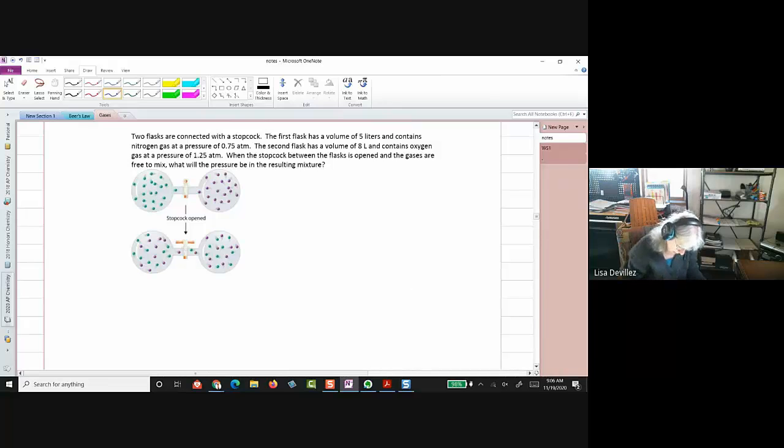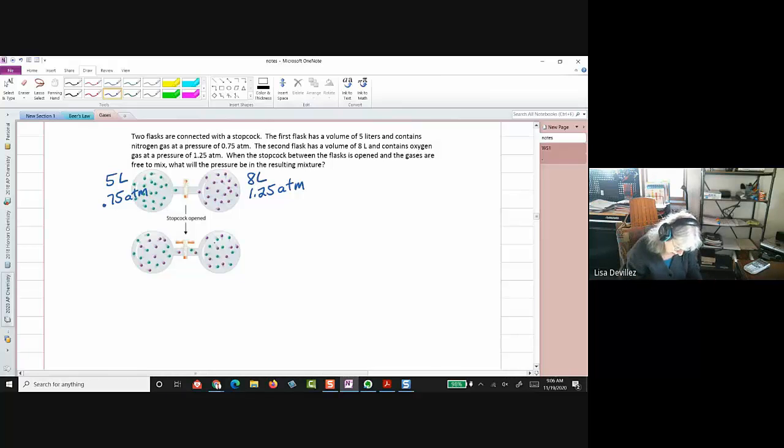Here we have on this side 5 liters of nitrogen gas at a pressure of 0.75 atm. These are separated by a valve here. And the second flask is 8 liters and has oxygen at a pressure of 1.25 atmospheres. It says when you open that valve and allow the gases to mix, what is going to be the pressure of the resulting mixture?